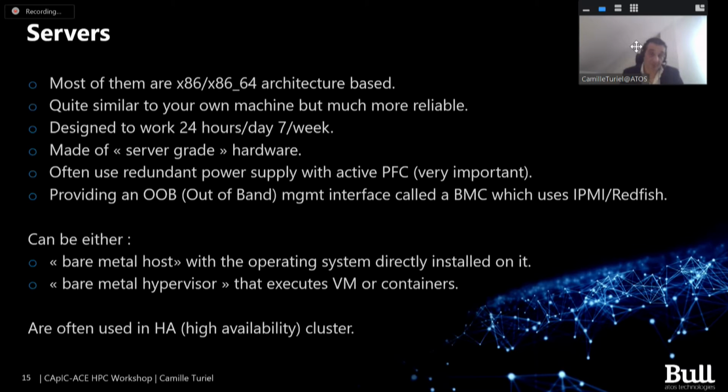So it means that you can simply, with a basic HTTP request, administer all of your hardware and have a very advanced interaction with your hardware.